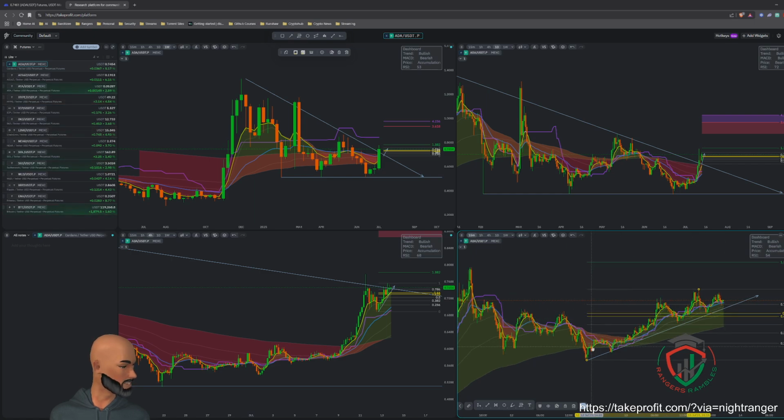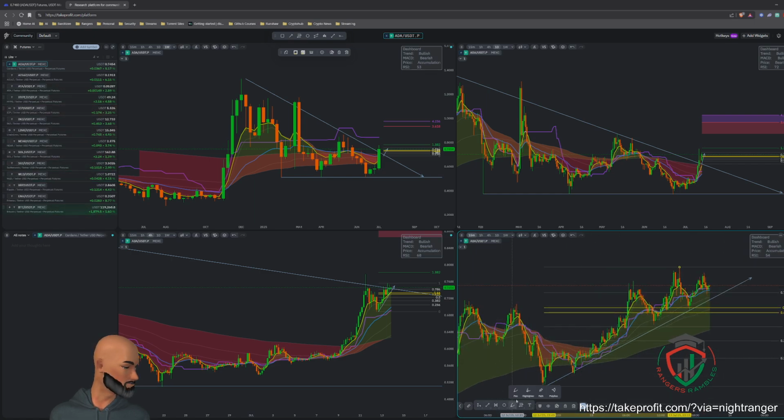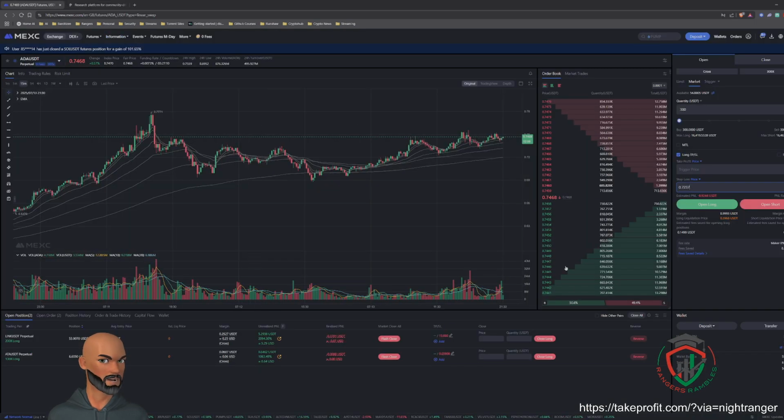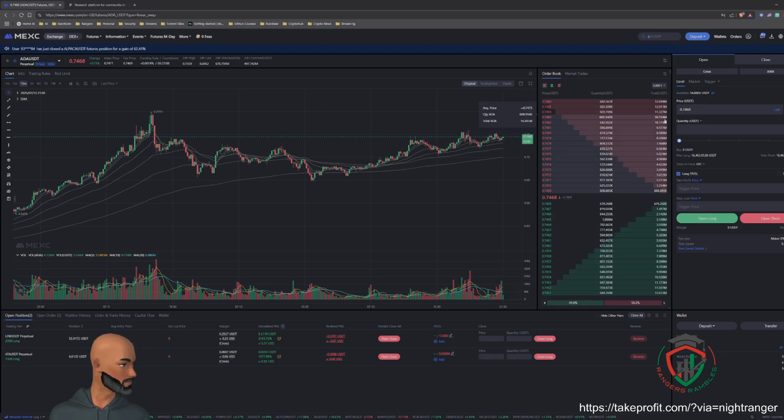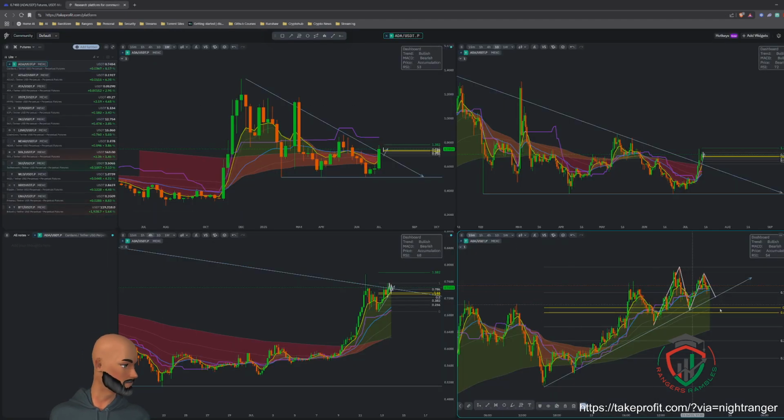See if it completes that Gartley as well. Okay, so we got, this is actually a bullish Gartley. 7385. $7,286. Do you know what? Let's try that. $7,388.